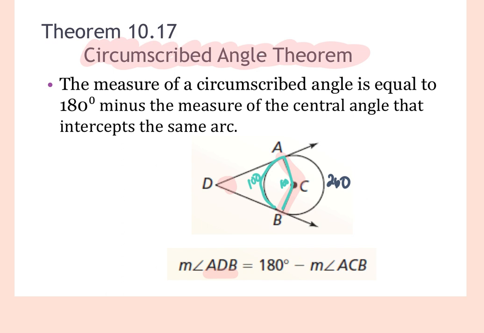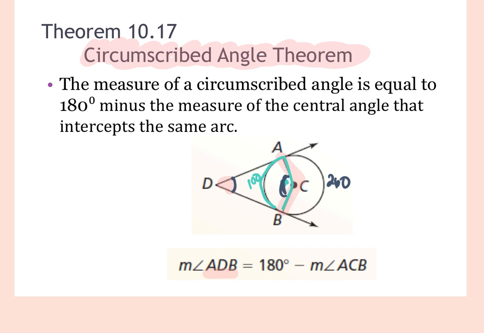So the shortcut is, if you know this central angle, and it only works if you know that central angle, then you do 180 minus the central angle, and that gives you the angle.